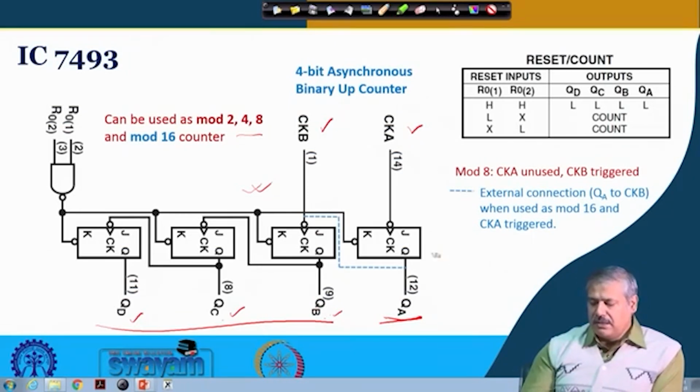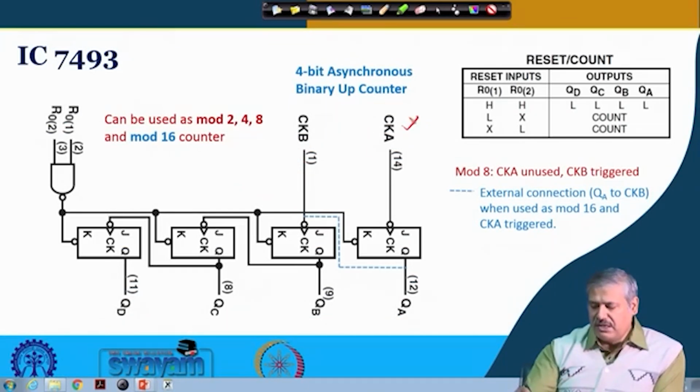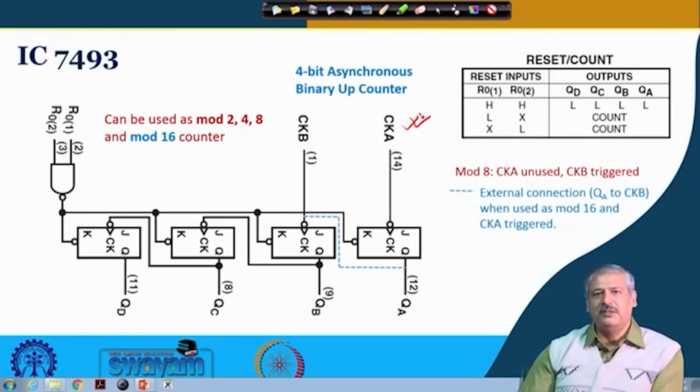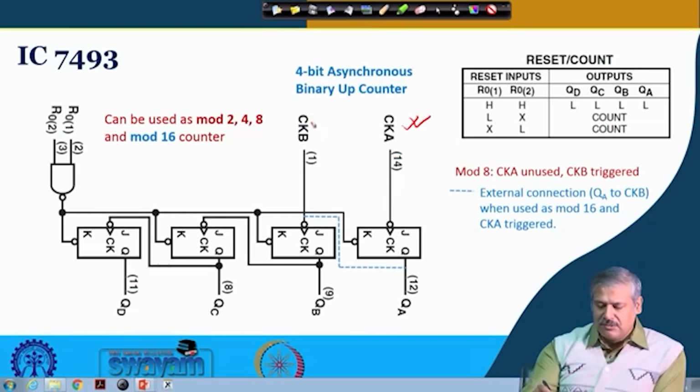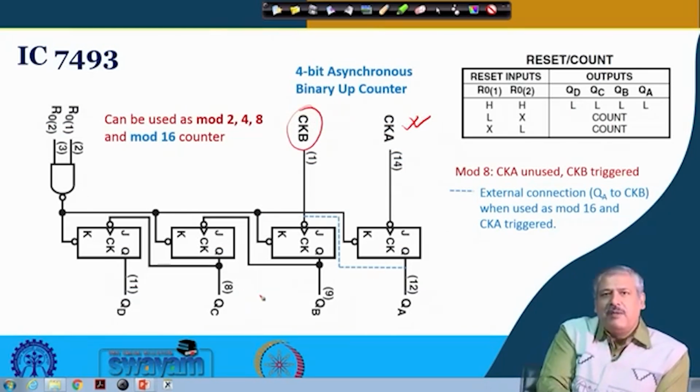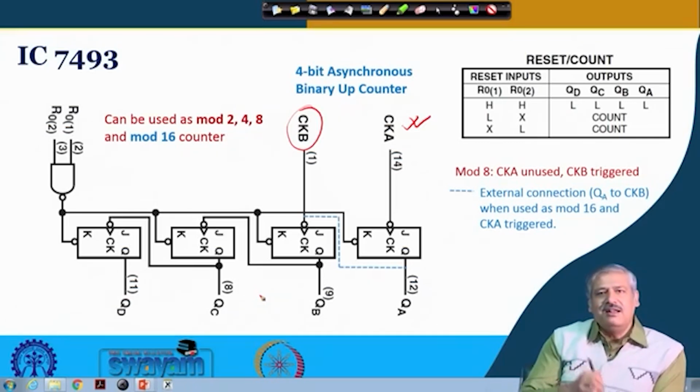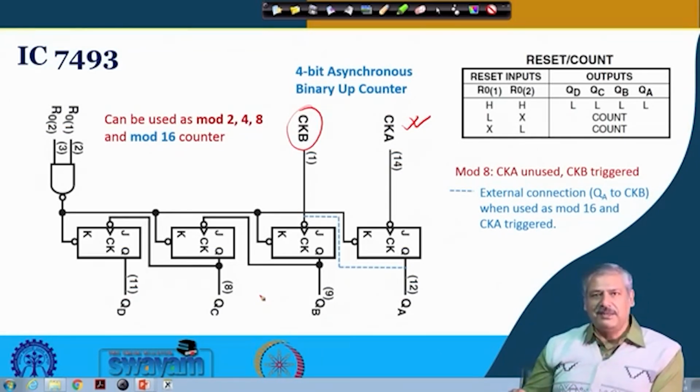Now, if you make an external connection from QA to clock B, and feed the external clock here, then what will happen? Now forget about this one, it is directly connected. So, instead of 3 flip flops, we now have 4 flip flops. In the earlier circuit timing diagram, we stopped at A, B and C; now there will be a D coming over there.